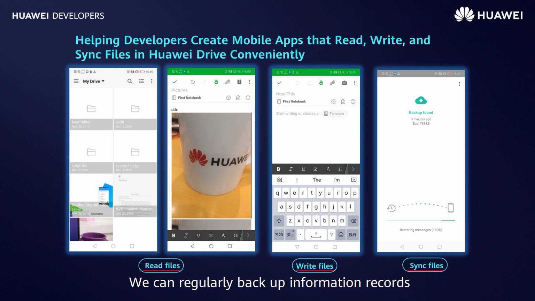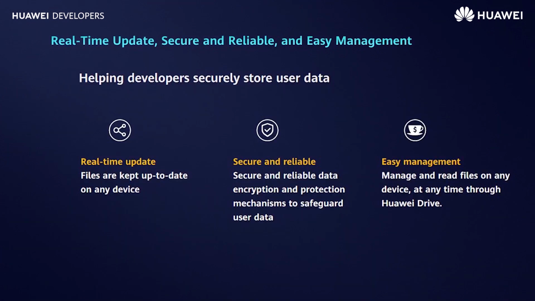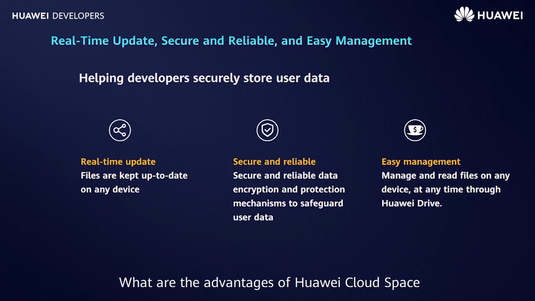We can regularly back up information records and received media files to Huawei Cloud Space. Even if the old phone is accidentally damaged or lost, the new phone can still restore the backup information records and media files.